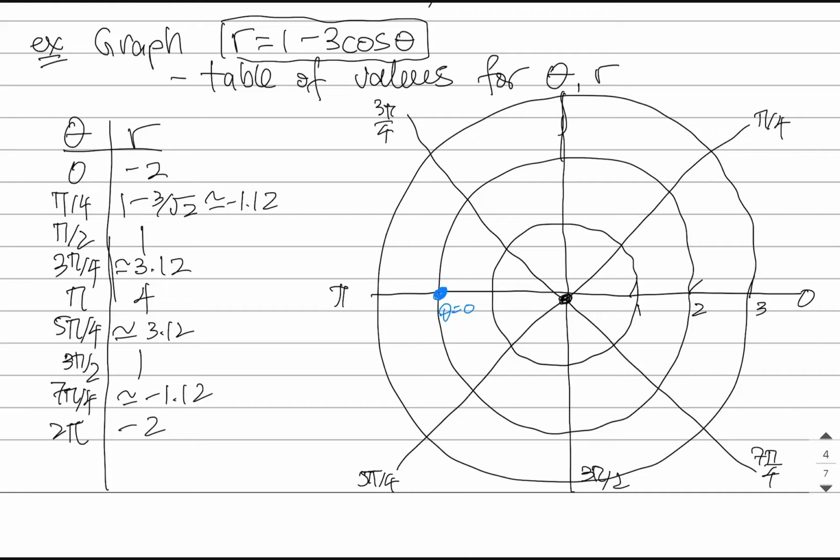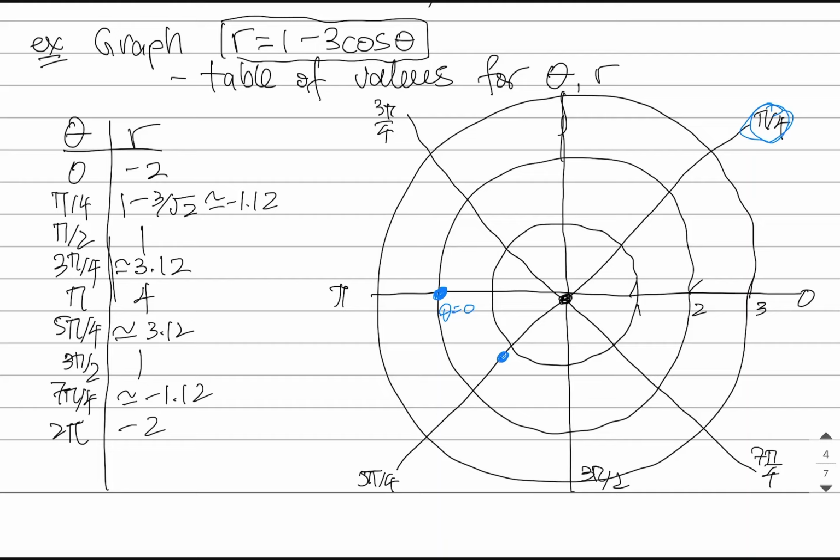When we have an angle of pi over 4, so along this line, our radius is negative once again, and we go ahead and calculate. Along pi over 4, if I had a positive radius, I would stay in quadrant 1. But I have a negative radius, so I have to go pi radians opposite. So I'm going to sit somewhere around here at pi over 4.